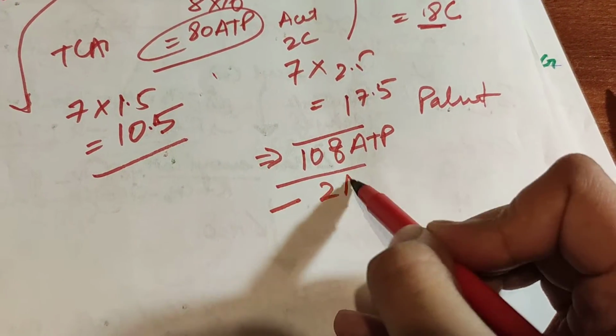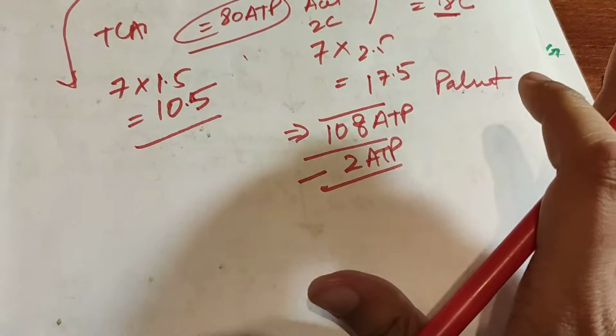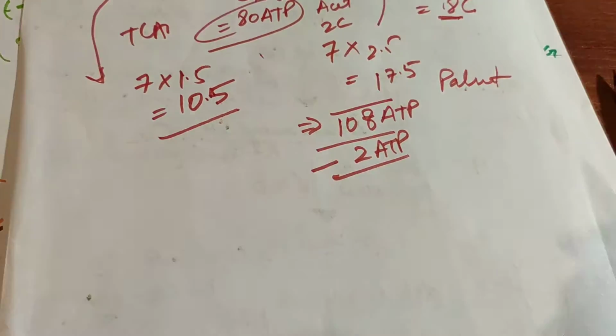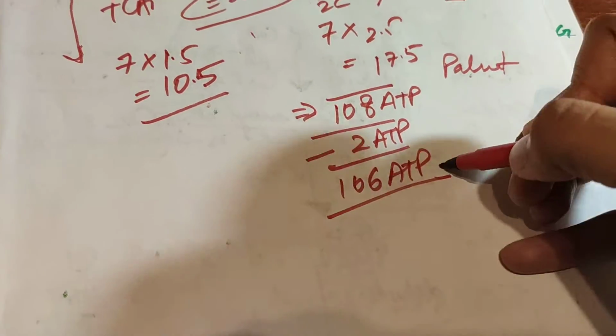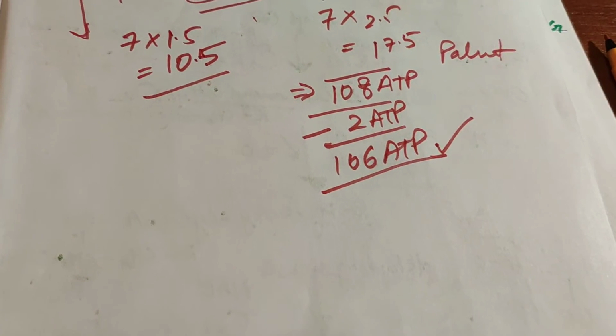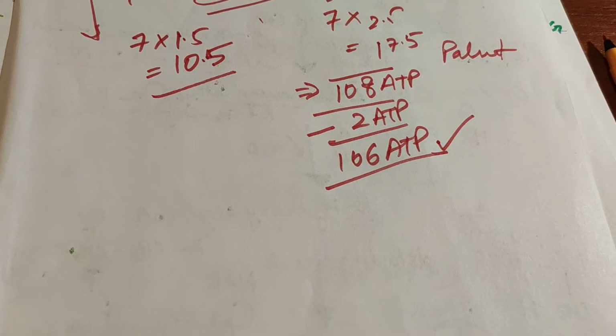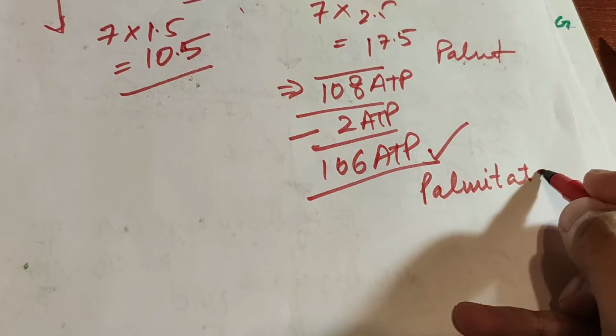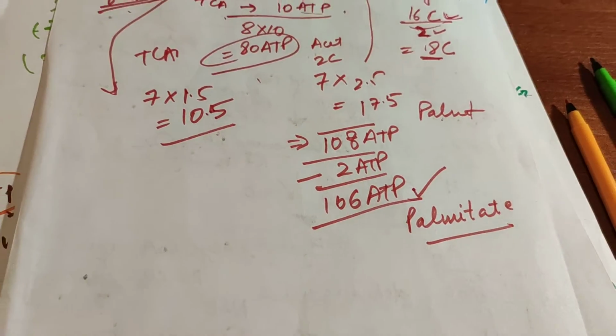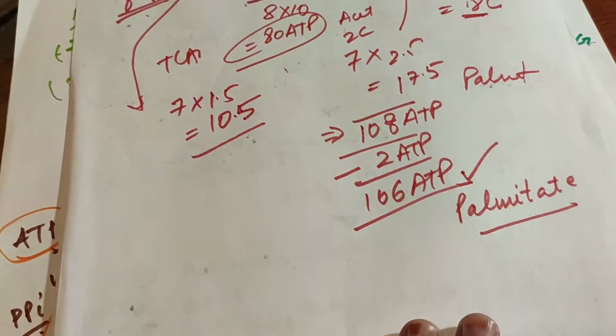So 2 ATP are used in this lipid breakdown oxidation, and 106 ATP is the net yield for one molecule of palmitate. So much energy we are getting.